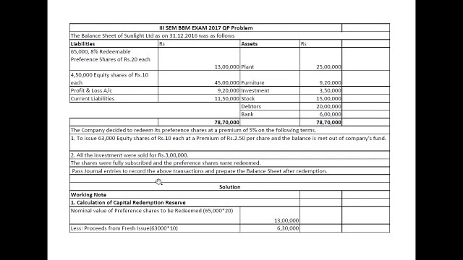So students, a very simple calculation here. Before we proceed with the journal entries, let us have some working notes required for the calculation. First working note is with respect to the creation of capital redemption reserve, means how much amount we will use from the company's existing fund.